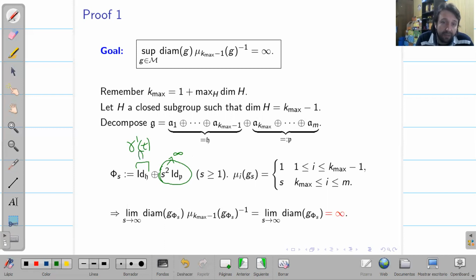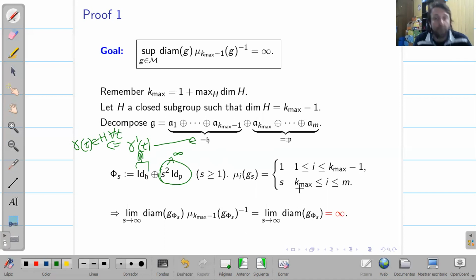And if the velocity vector stays here in H, this means that if you start at the identity, for instance, the trivial element, you will stay always in H. This implies that gamma of t is going to stay in H for every t, right?